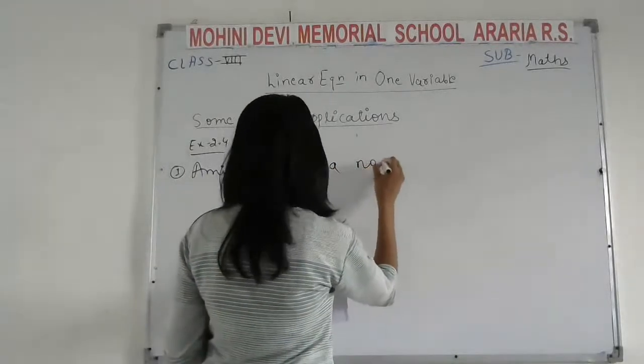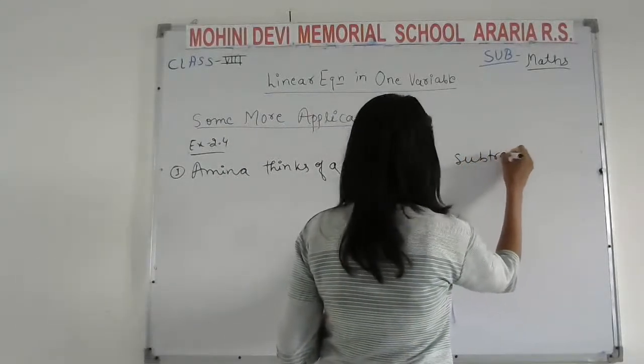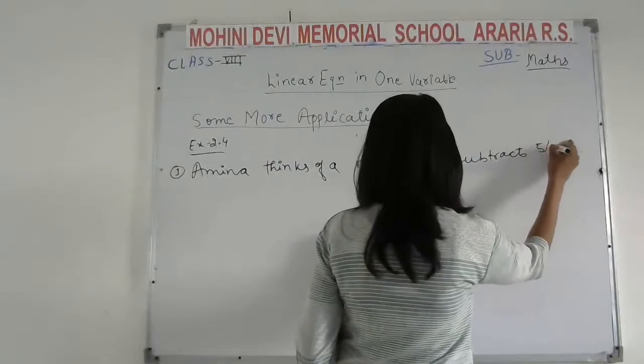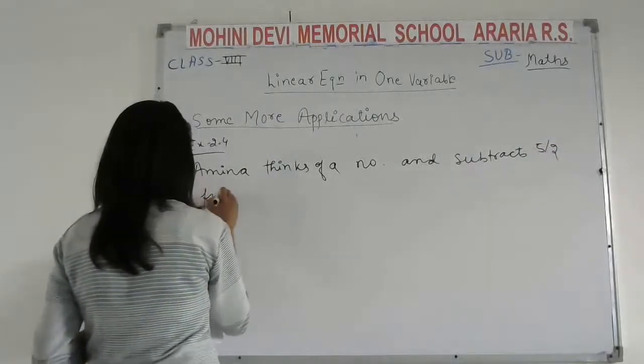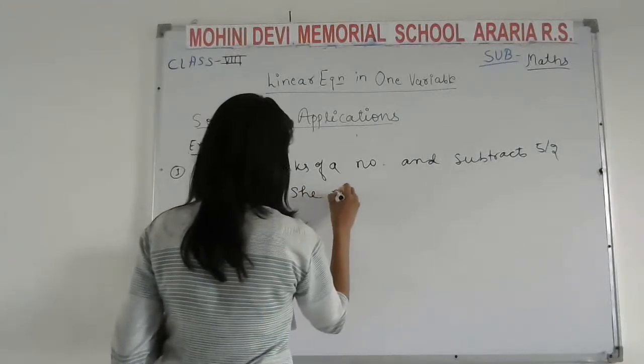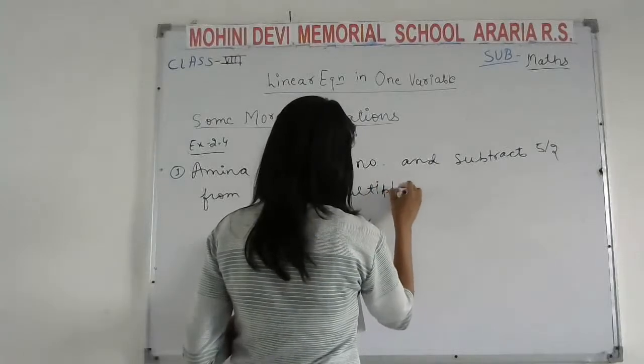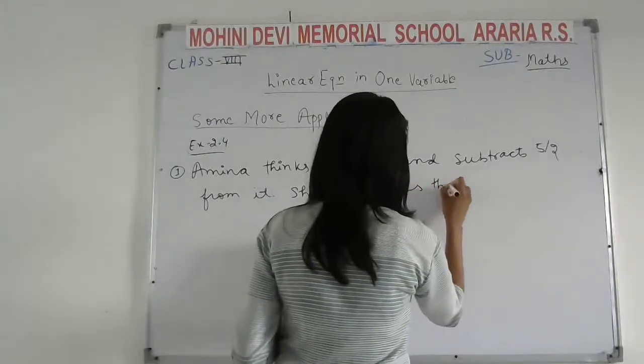Amina thinks of a number and subtracts 5 by 2 from it. She multiplies the result by 8.